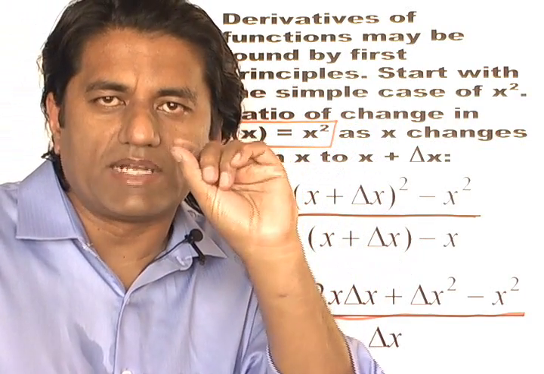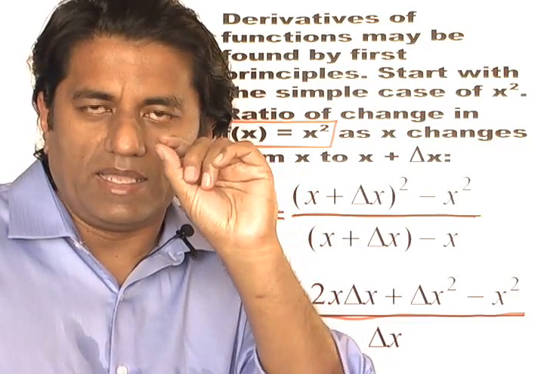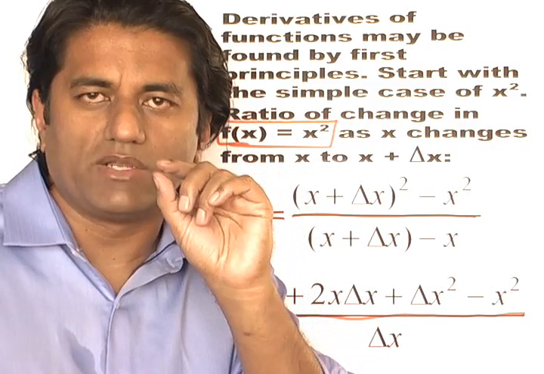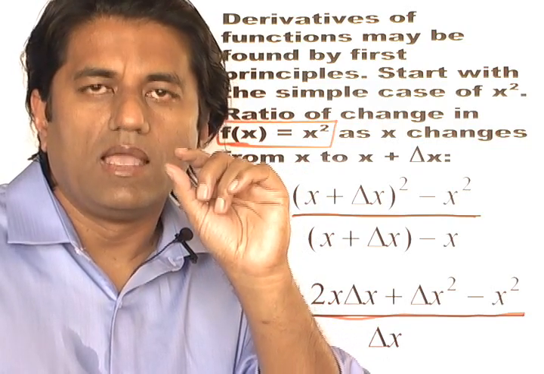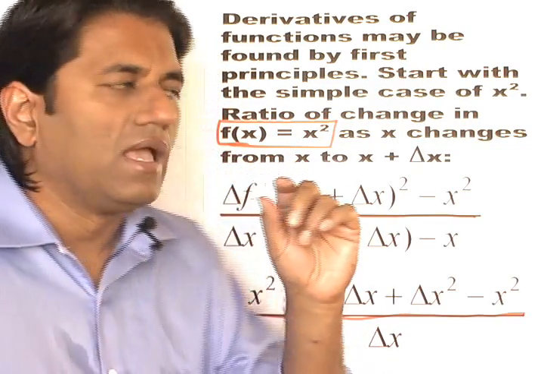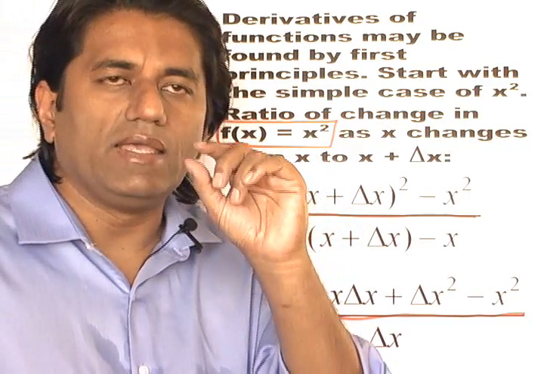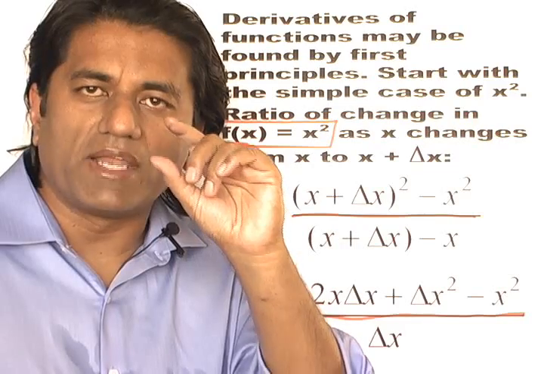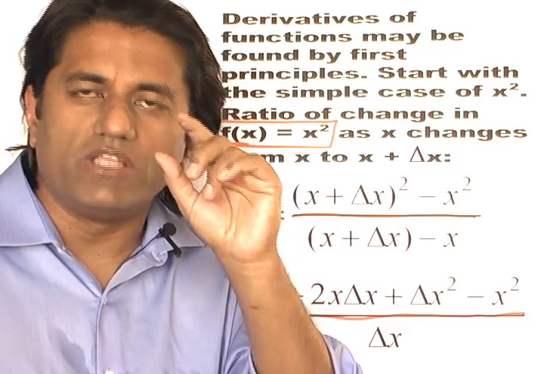And let's just perturb the independent variable a bit. So let's change it from 3 to 3.01. So if you do that, the function is going to change to approximately 9.06.